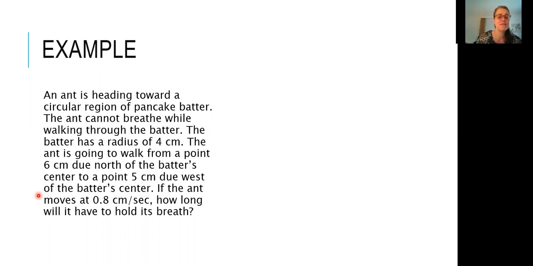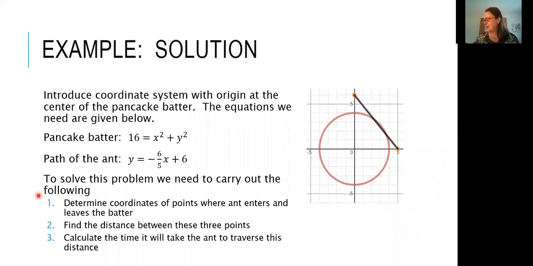Now the ant is going to have to hold its breath. We know that the ant moves at 0.8 centimeters per second. How long is this poor little guy going to have to hold its breath? Let's see. In order to solve this type of problem, we have to introduce a coordinate system, and the easiest thing to do is put our origin at the center of the circle.